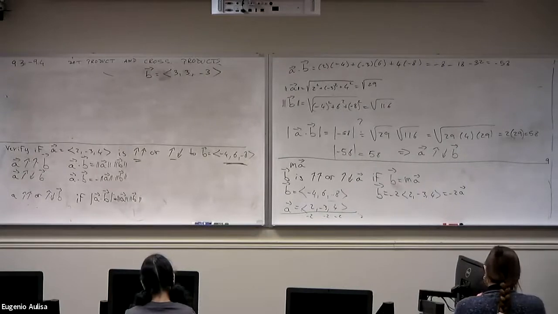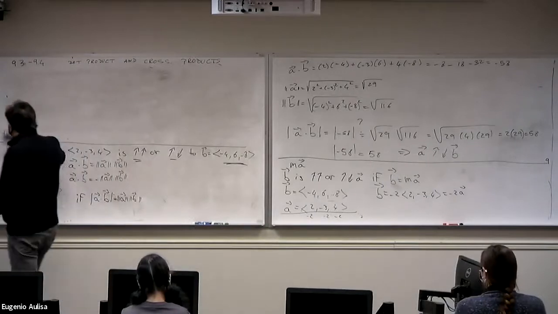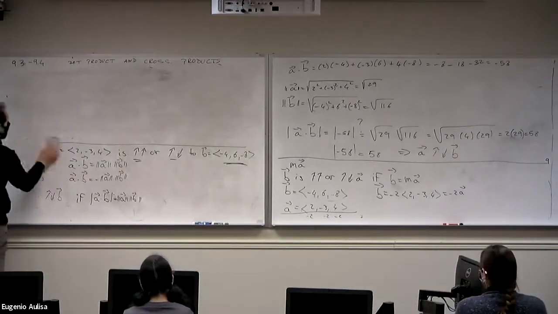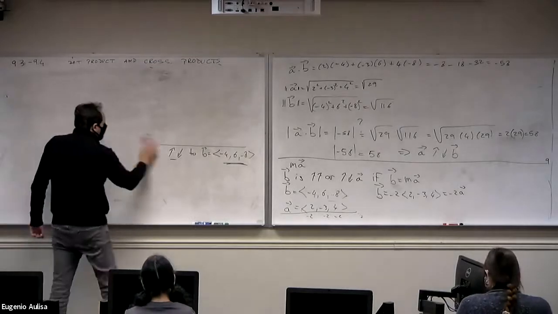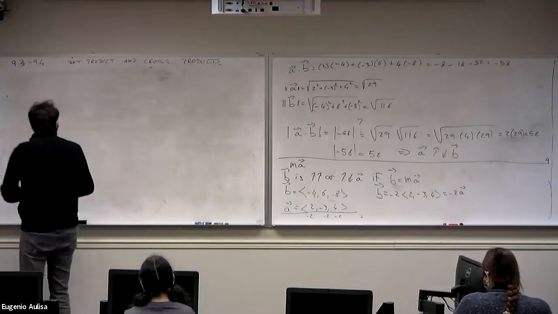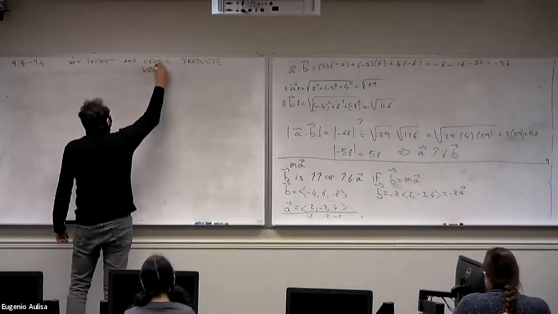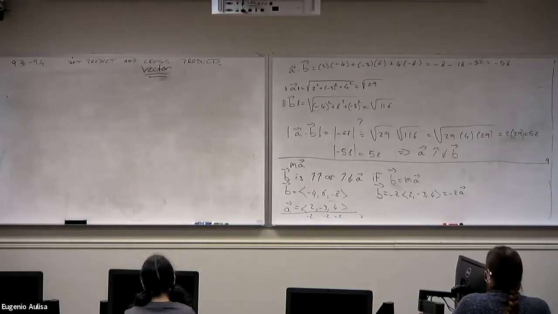So 9.4, we studied the cross product, or vector product. We call it vector product because the result is always a vector.